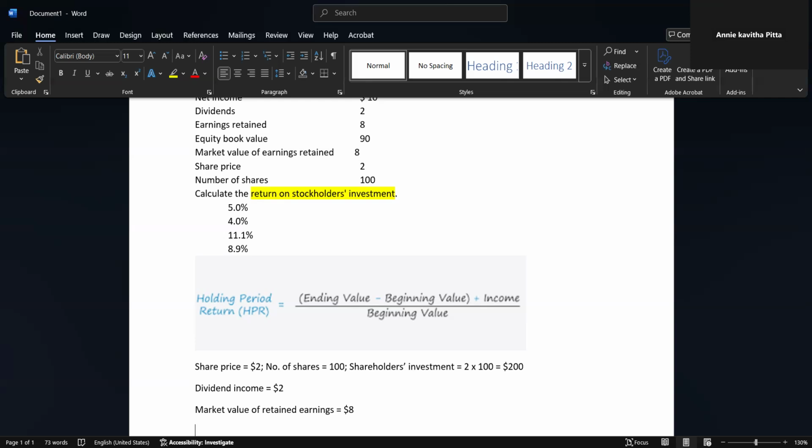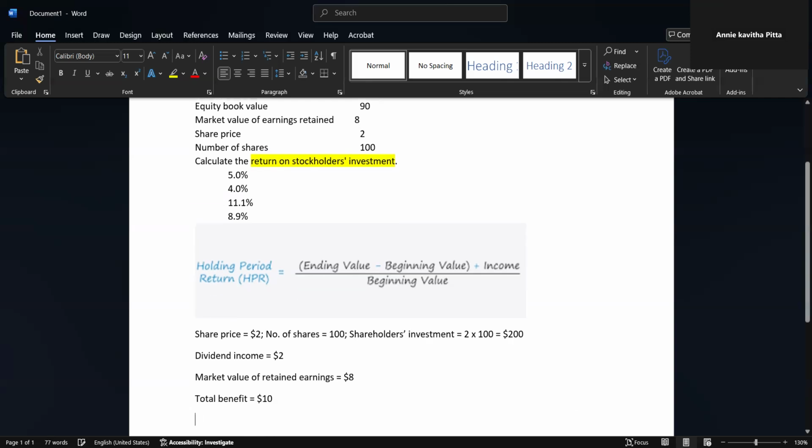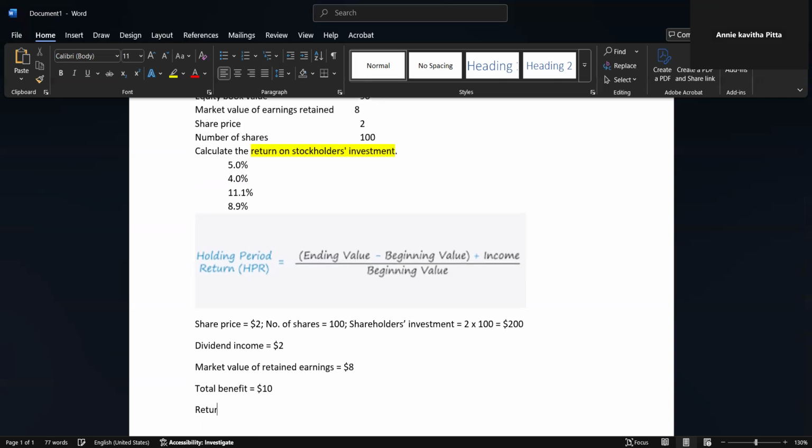So altogether the total benefit is $2 plus $8, which is equal to $10. Now, return on stockholders' investment is equal to $10 divided by $200.